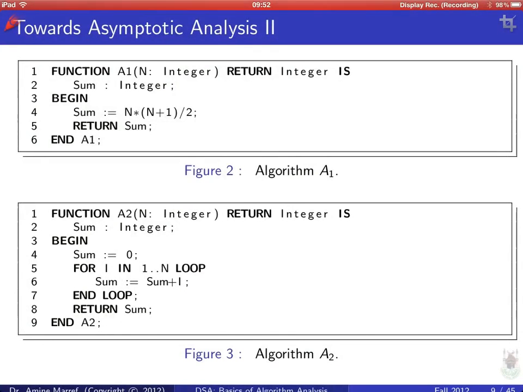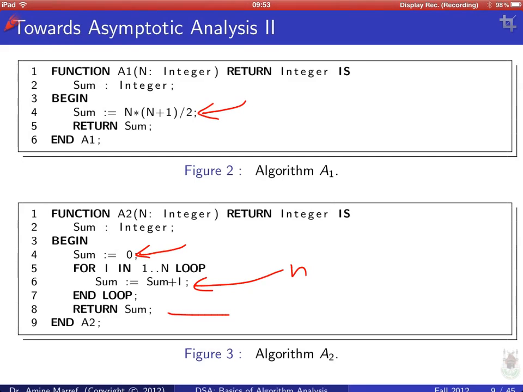To make the point even clearer, let's say we have algorithm A1, which takes input n, and there is a for loop from 1 to n, with a statement x equals x times 2, and that's the end.